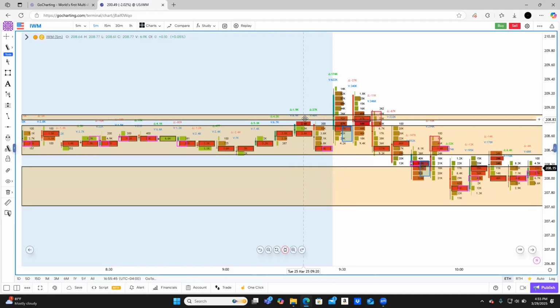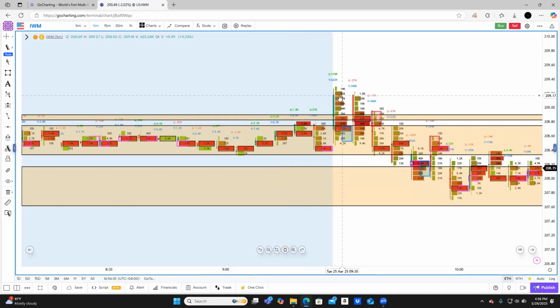And this little arc right here, that was that volume puck, that little spike of volume right at that 208, let's say 208.90 to 208.83. Price opened at looks like 208.69, right at the top of that volume, spiked it.